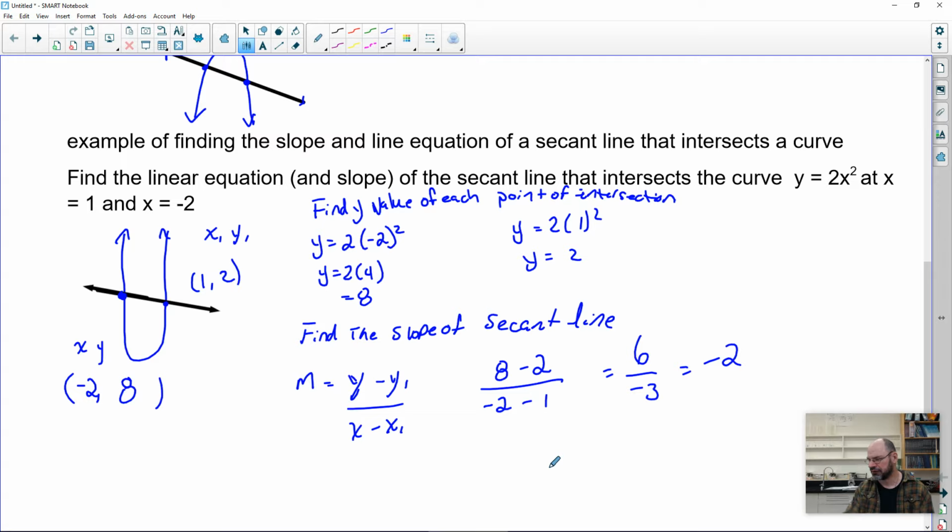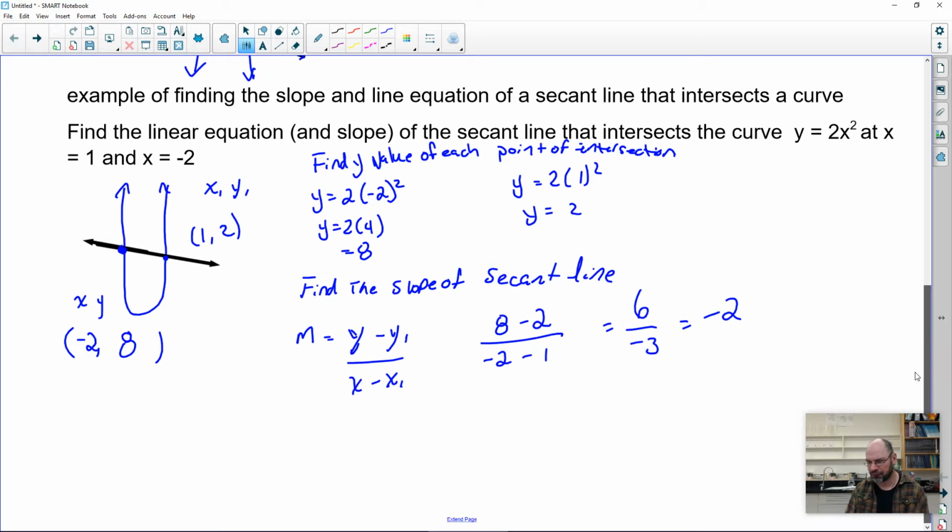So now that we have our slope, we're just going to calculate the line equation by using the slope-intercept form and plugging in the numbers of one point, leaving one x and one y blank. So that's our final step: we find our line equation.